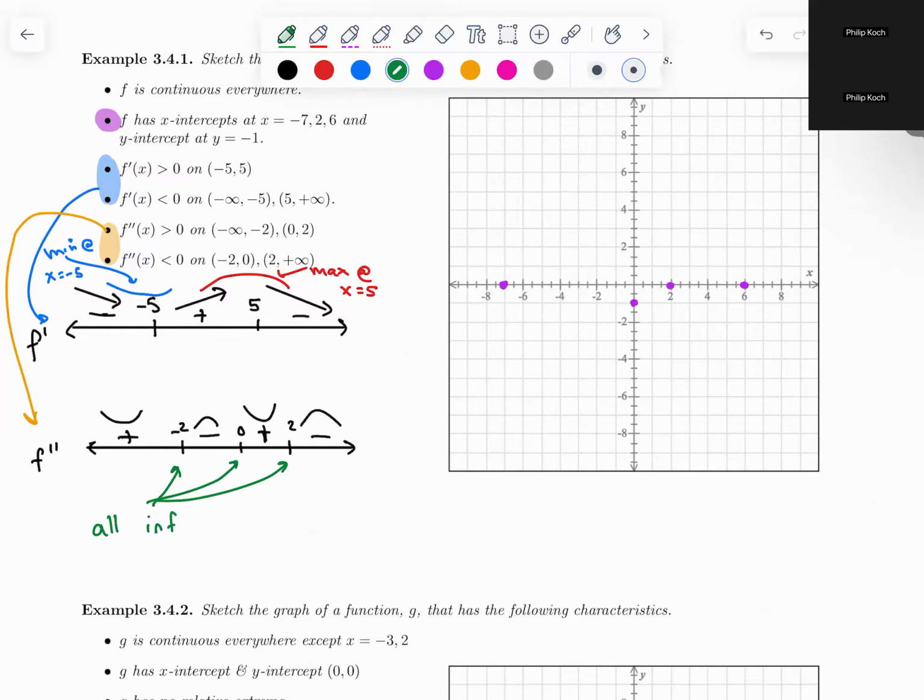All inflection points, since f is continuous everywhere.